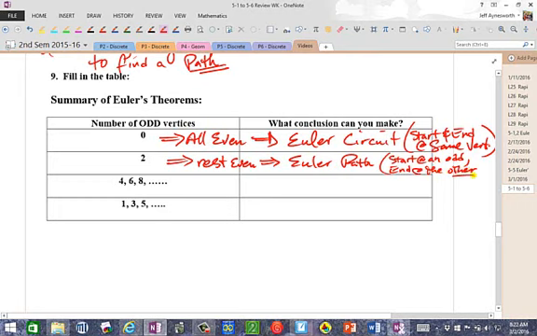If you have this many odds, no path or circuit exists. And this one here, if you have 1, 3, or 5 odds, we're talking about odds here, this is impossible.